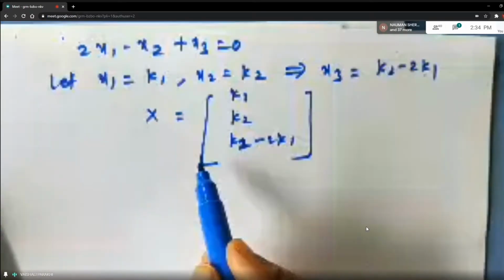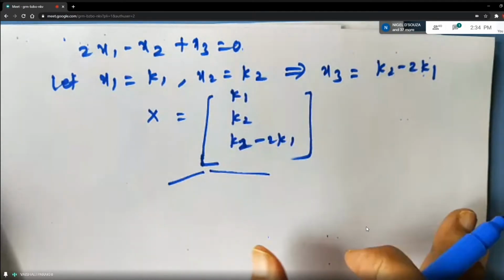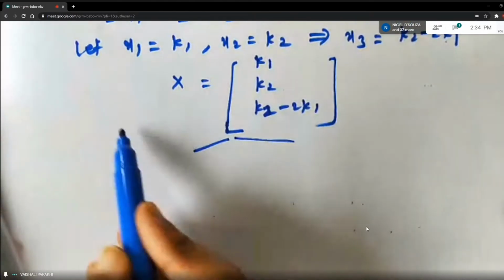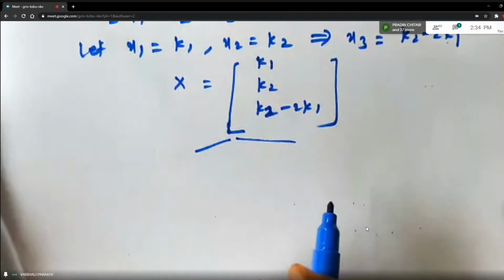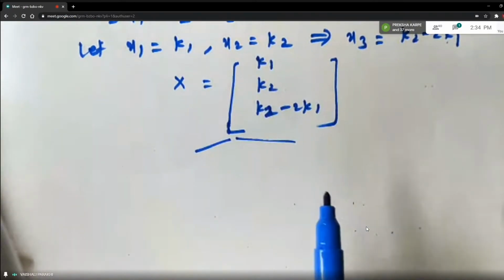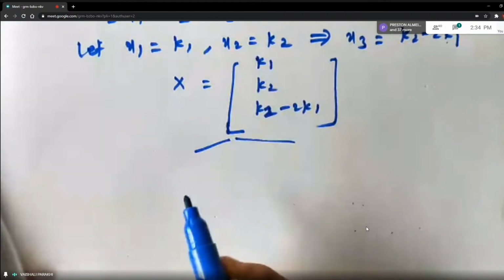But now, as I said, lambda is equal to 2 repeated twice. So you have to get two different eigenvectors. Now it is your choice for k1 and k2, but always take very small numbers like 0, 1, minus 1, and so on. Try to avoid fractions because for further calculations it will be tedious. And when you are choosing the values, see that nothing comes common between these numbers.